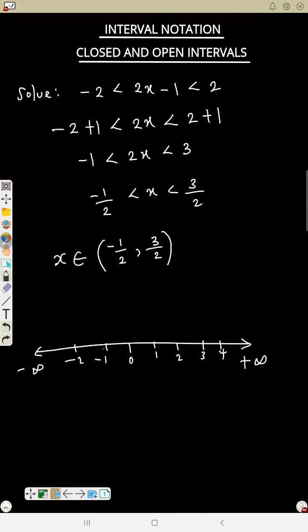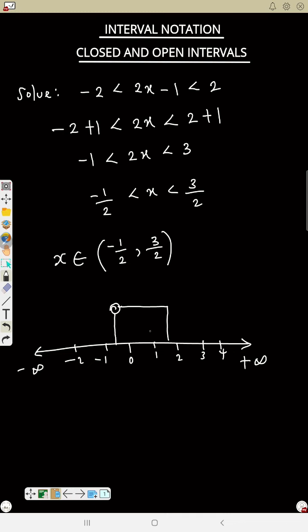So minus 1 over 2 is less than 1, so I will locate it somewhere here. Then to this side, 3 over 2 is more than 1, that is 1.5, so that should be somewhere in the middle.